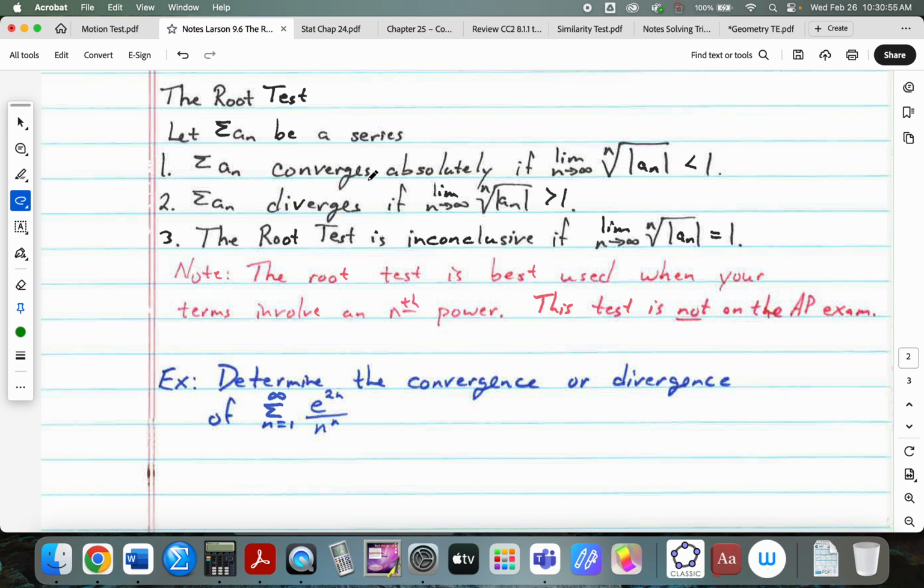The series is going to converge absolutely if the limit as n goes to infinity of the nth root of the absolute value of a sub n is less than 1, diverges if that limit is greater than 1, and it's inconclusive if that limit is equal to 1. This is best used when your terms involve an nth power, and it's not necessarily on the AP exam.